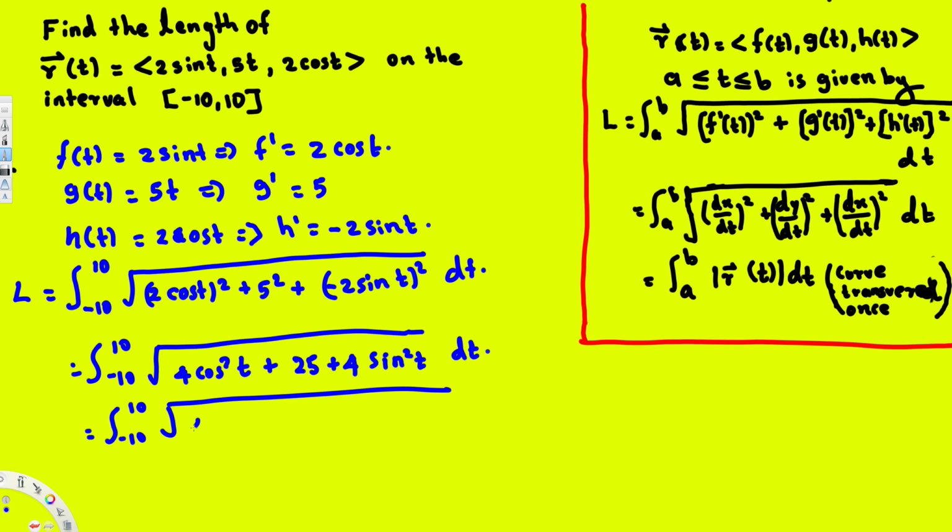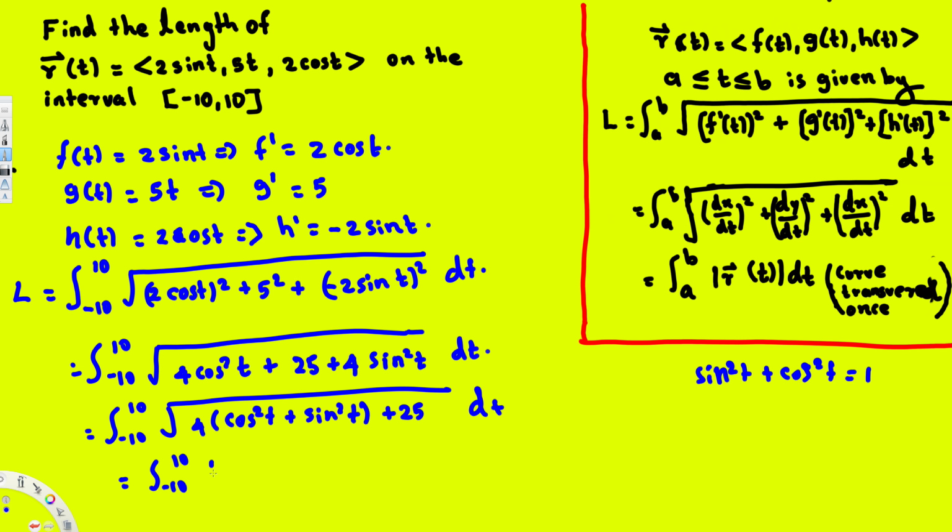If we take 4 common, we can combine this cos squared t plus sine squared t, and then we can move this 25 to the other side like this, and then dt. And if you remember, sine squared t plus cos squared t is equal to 1, so we just substitute 1 right here.